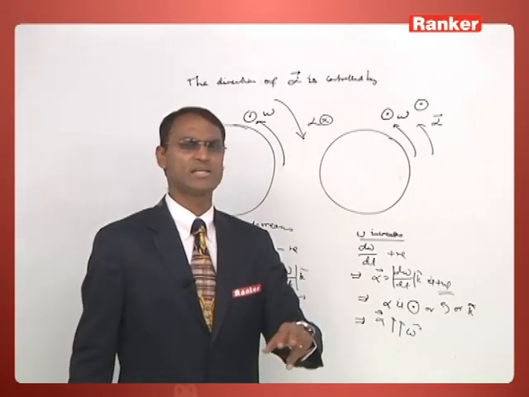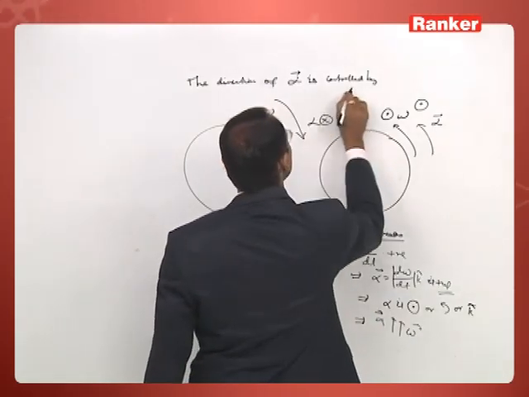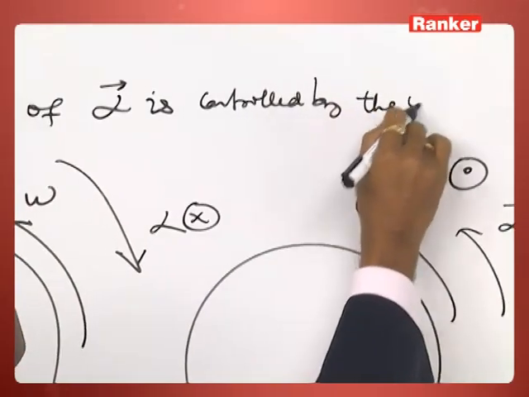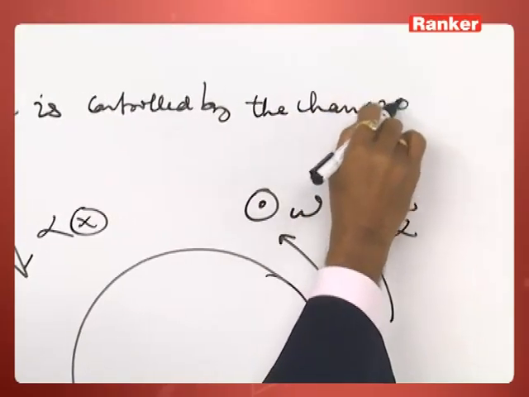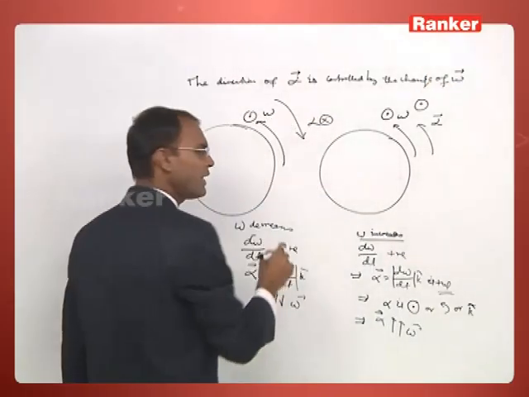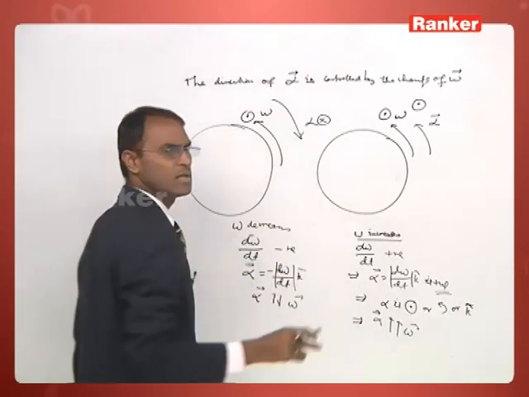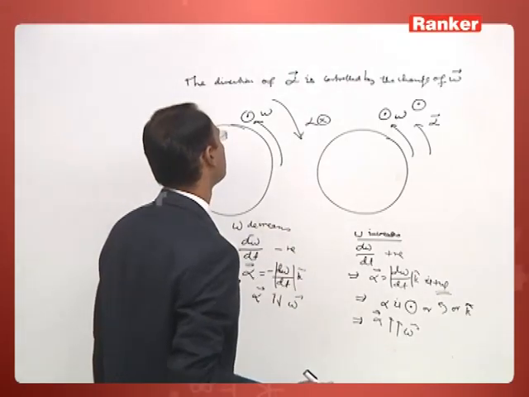Both decrease and increase can be called change. The direction of alpha is controlled by the change of omega. But here the direction part remains constant. The axis of rotation is kept constant.